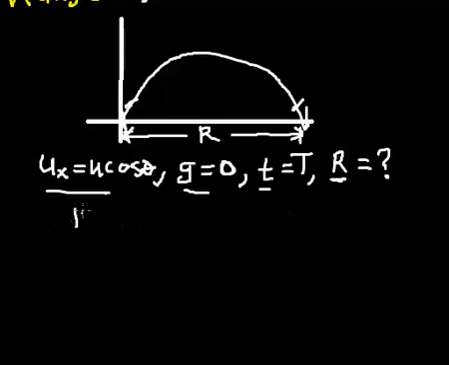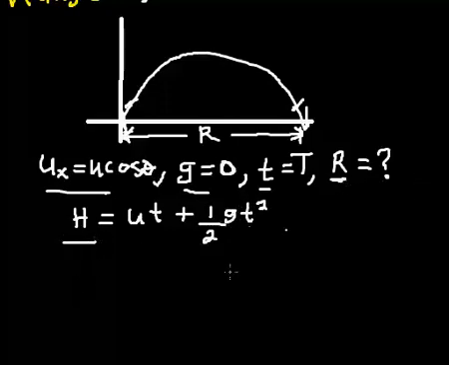You discover that it is the second equation. Don't forget the second equation goes like this: h is equal to ut plus half gt squared.